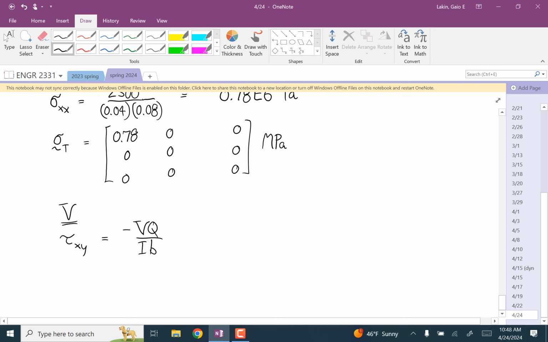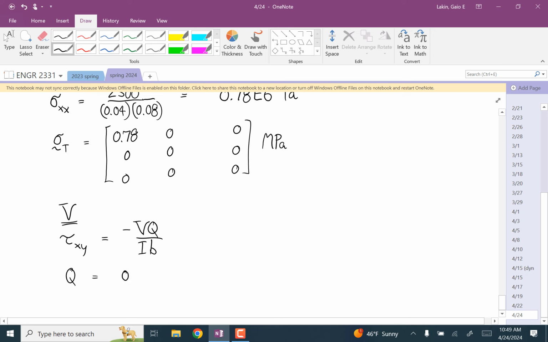Q, so the area above the region that we want is 0.02 times 0.04.